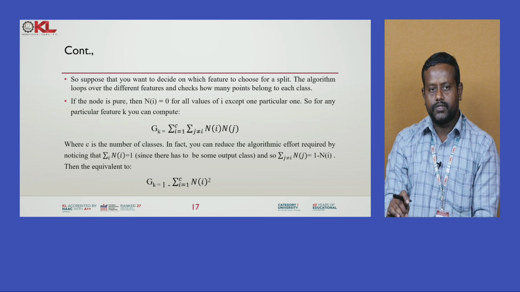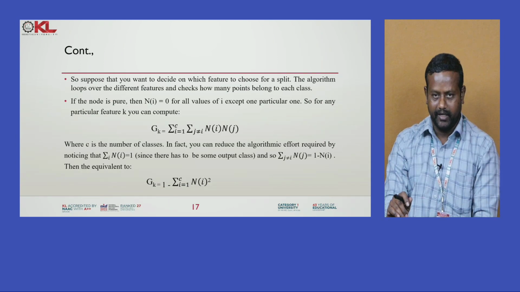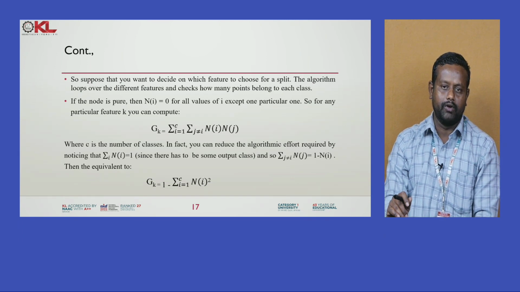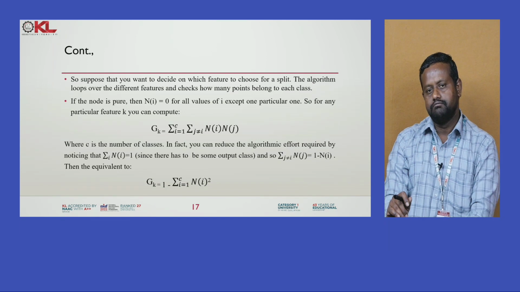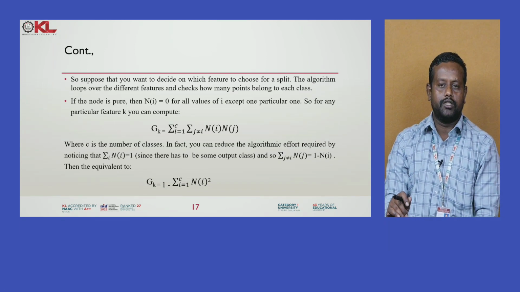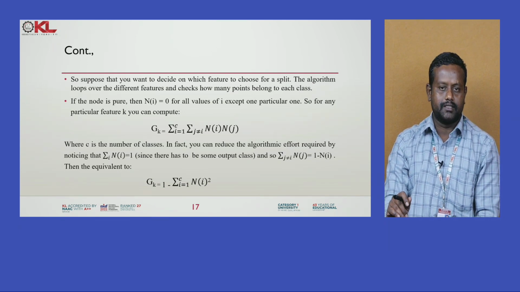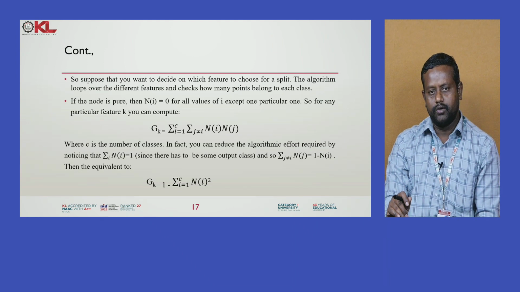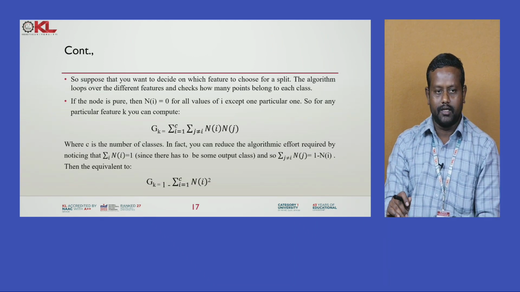So suppose that you want to decide which feature to choose for the split. The algorithm loops over the different features and checks how many points belong to each class. Those having a 1 for a particular class belong to that class. If it is 0, it is not related to that class.